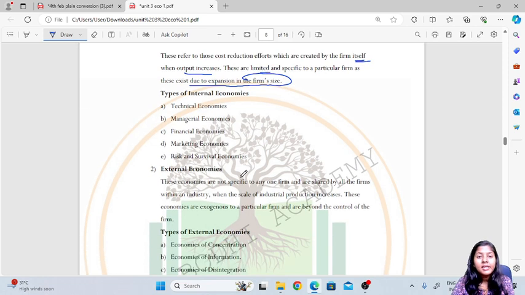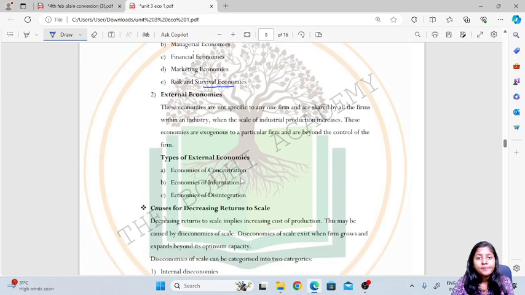There are different types of internal economies: technical, managerial, financial, marketing, and risk and survival economies. Then external economies: these are not specific to any one firm and are shared by all the firms within an industry. When the scale of industrial production increases, these economies are exogenous to a particular firm and beyond its control.